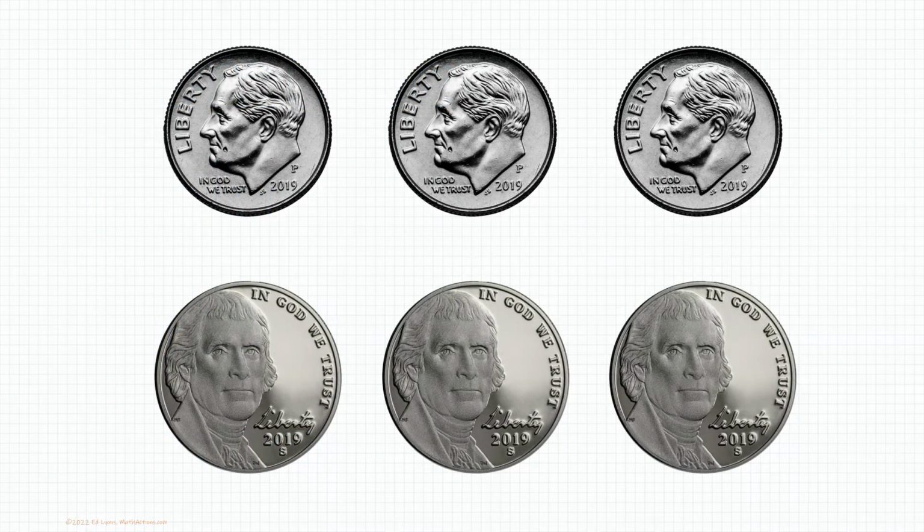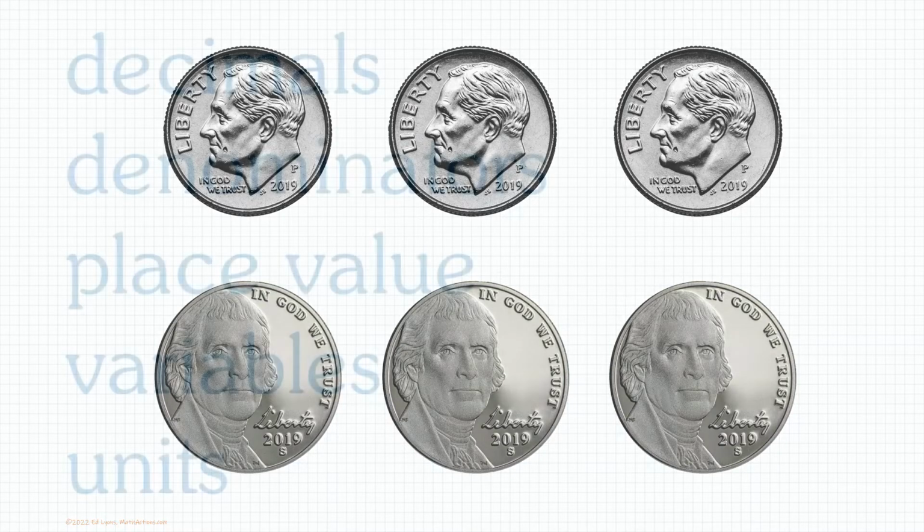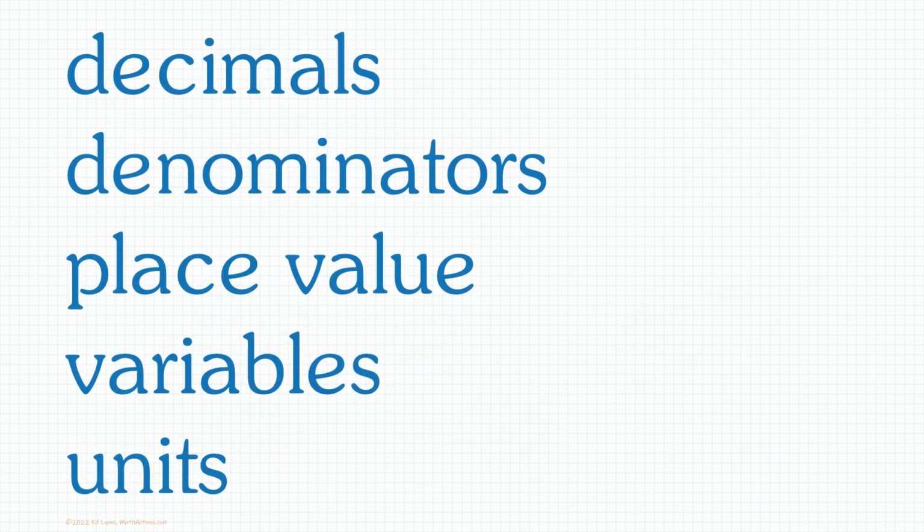Another answer would be 6 coins. But here again, we converted the dimes and nickels to like or identical objects. Then we added. Now let's return to our original question. What do decimals, denominators, place value, variables, and units have in common?